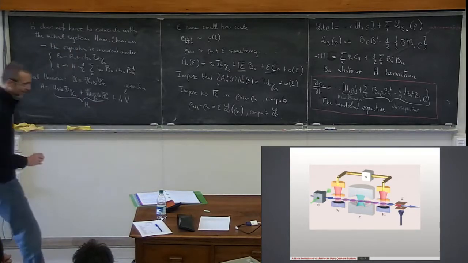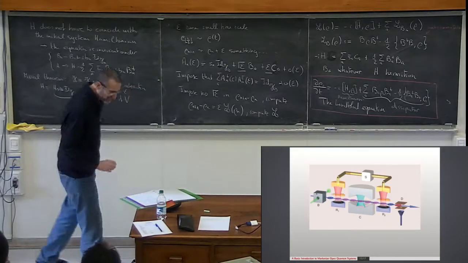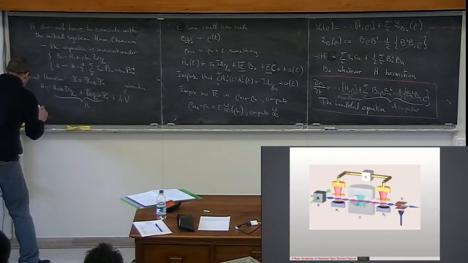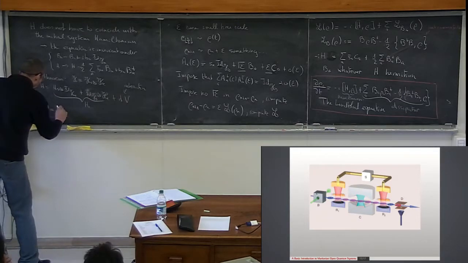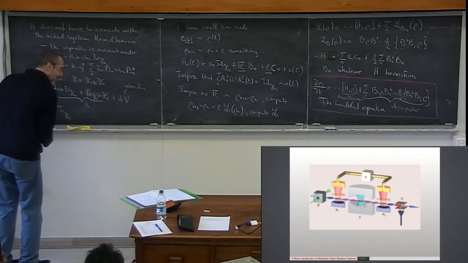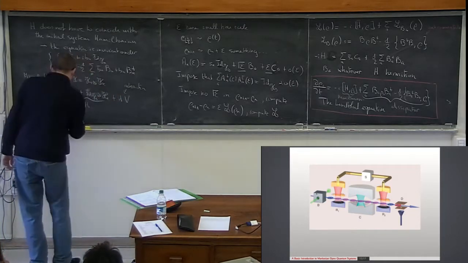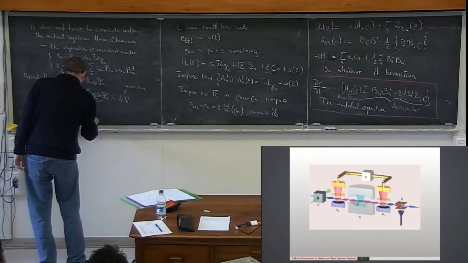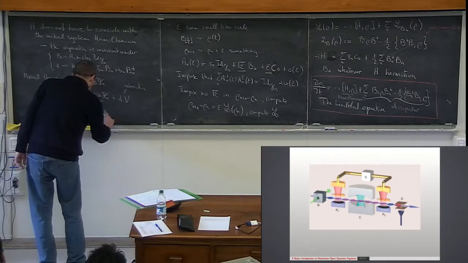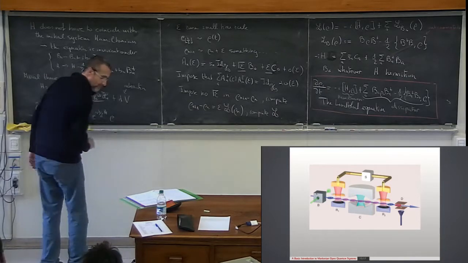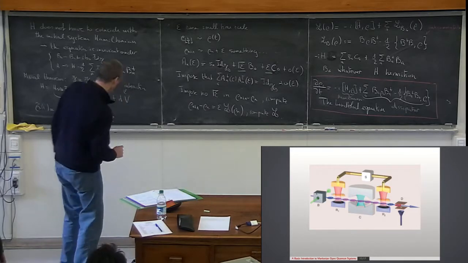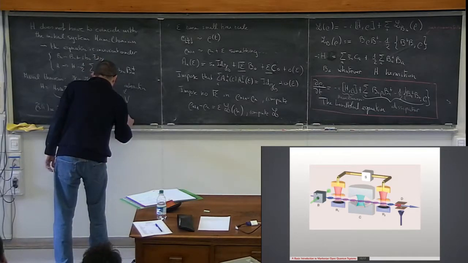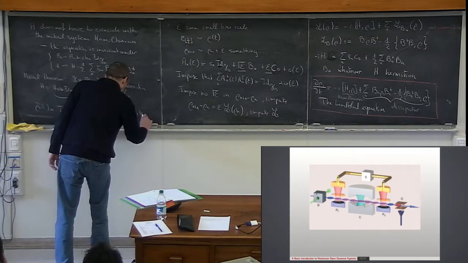Okay. And there is the following claim that if you look at rho tilde S of t, which is equal to trace over the environment of e to the i t over lambda squared times H0, e to the minus H t over lambda squared, rho of 0, e to the i t H over lambda squared, e to the minus i t over lambda squared H0.